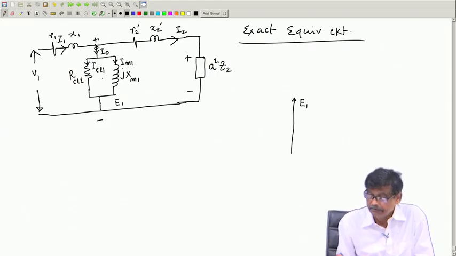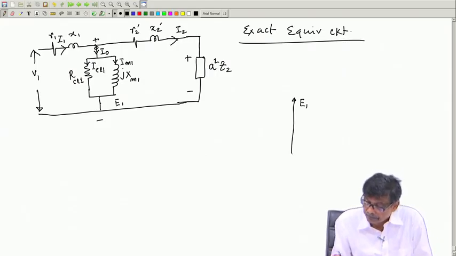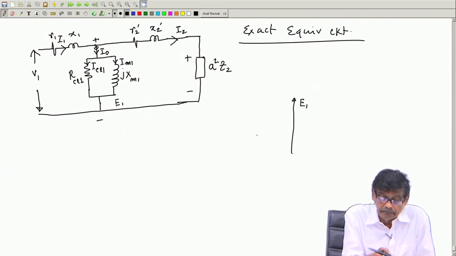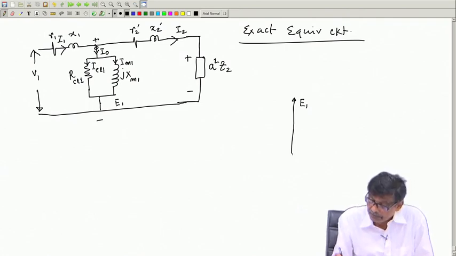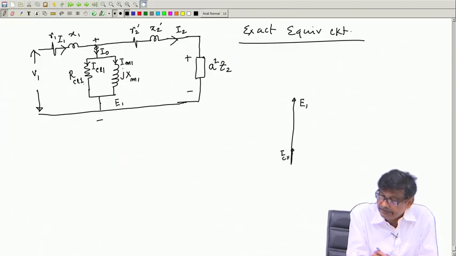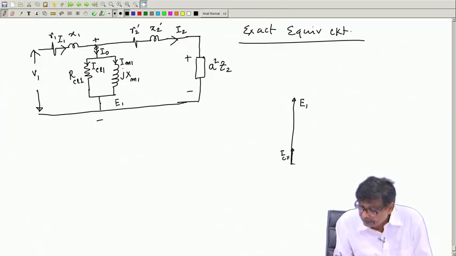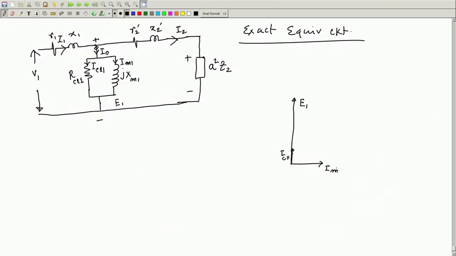If this is E1, you know your ICL1 will be in phase with this. This current, resistive, magnetizing current will be like this Im, and the sum of these two currents is called no load current I naught. This is the no load current. I have got I naught.